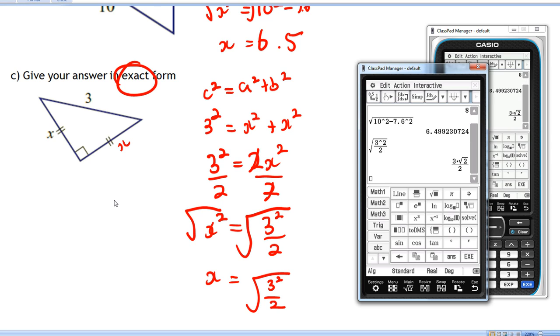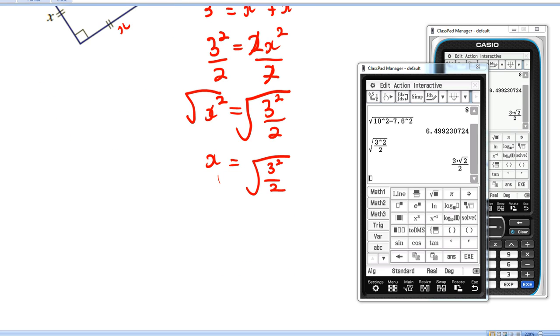And they're telling me that the exact answer is x equals 3, that little dot there is a multiply sign, but we don't write that in, so that's 3 root 2 all over 2. Now, you might be thinking, what?